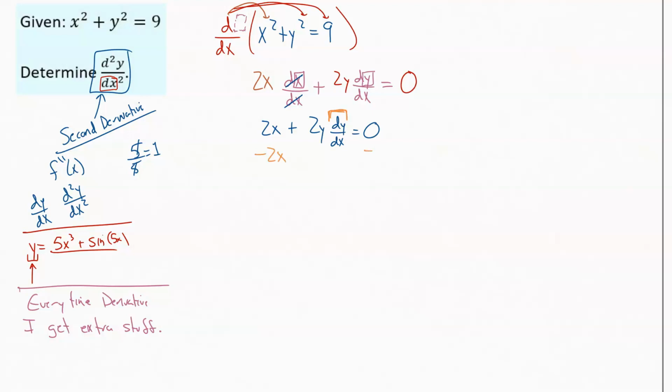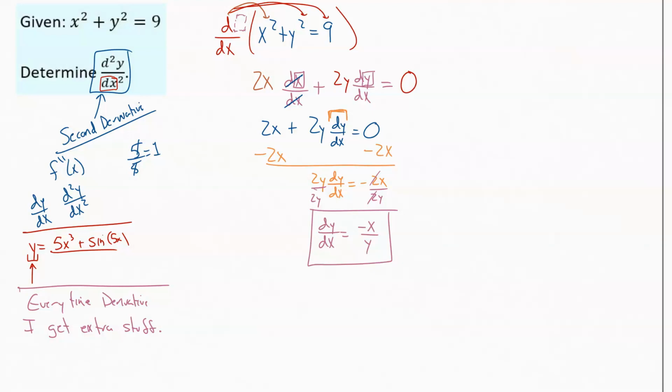So I'm going to minus my 2x over to the other side. We get 2y dy dx equals negative 2x, and then you're going to go ahead and get rid of that 2y, so divide by 2y, and we end up with dy dx equals, we can cancel out those 2's, negative x over y.